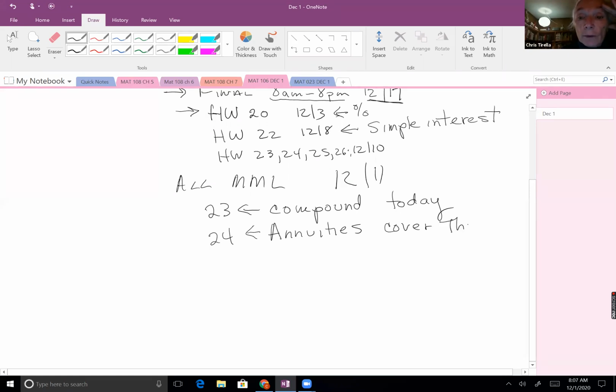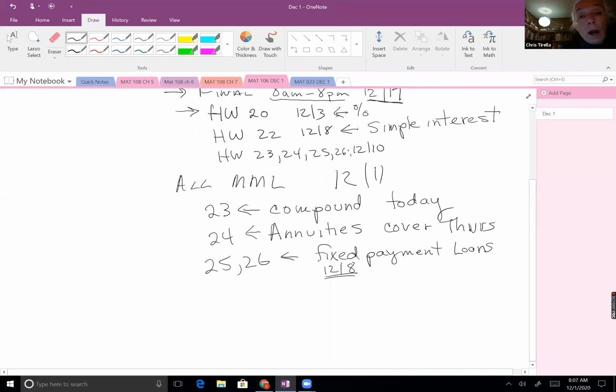So after this Thursday, which would be the 3rd, that one should be fair game. And then homework 25 and 26 are on fixed payment loans. And those we should be covering on the 8th, so that after the 8th, that should be fair game.